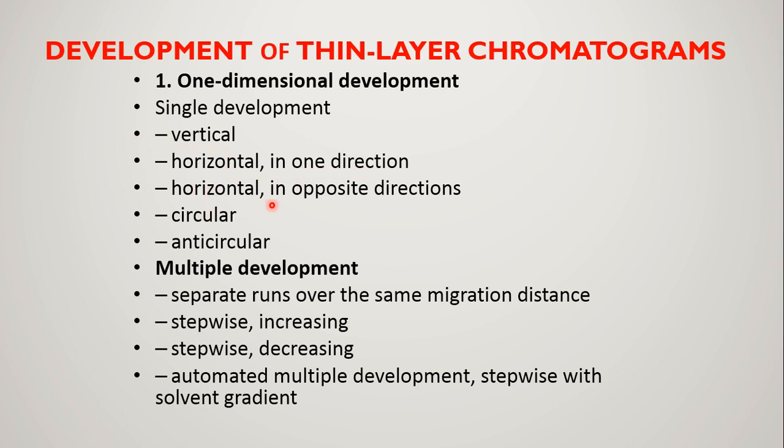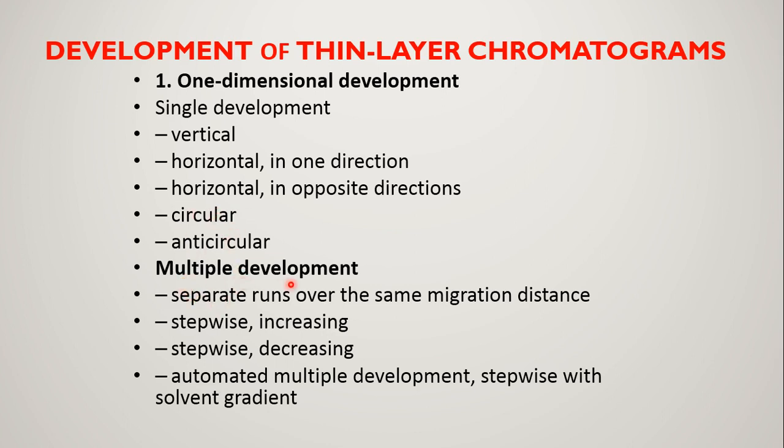If our TLC plate is a circular type, then we can apply the sample on the center point of the TLC plate, and the sample components and mobile phase flow circularly towards the edge of this round plate. So this method could also be applied.